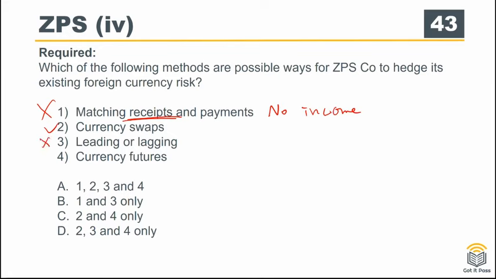And the fourth one is currency futures. Yes, it's also possible because currency futures are financial instruments in the exchange for any participants to hedge their risk. So the answer here is number 2 and number 4, which is option C.